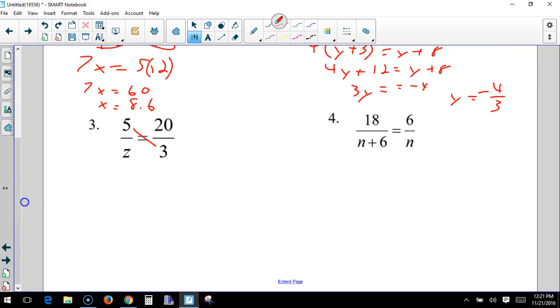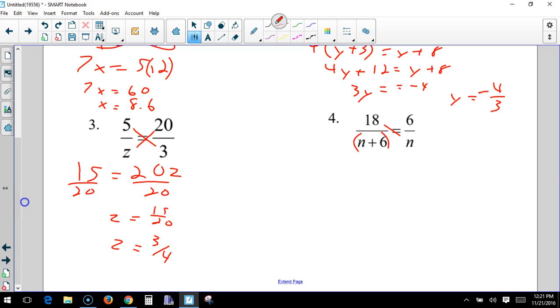So again here, 3 times 5, we can write it out, or if you want, when you're doing numbers, you can just go right to writing 15 equals 20 times z. We divide both sides by 20, and we get z equals 15 over 20, which then reduces, divide by 5, 3/4.